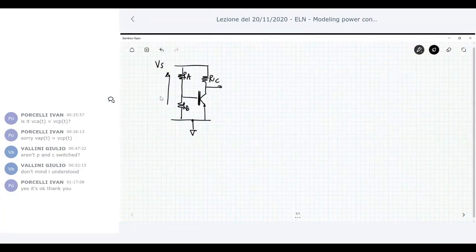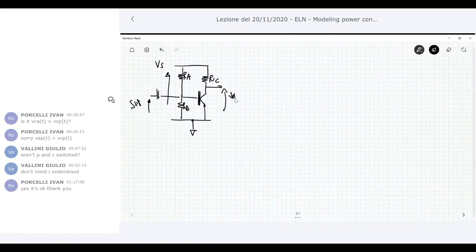And you are asked to find out, I don't know, the amplification between V0 and V signal, okay, like in this way.